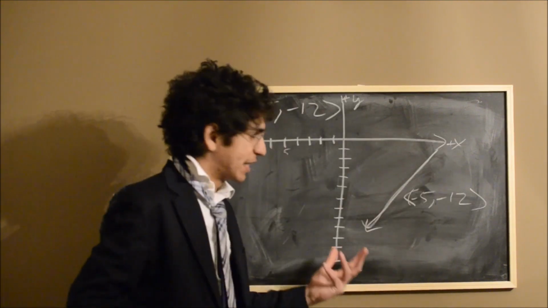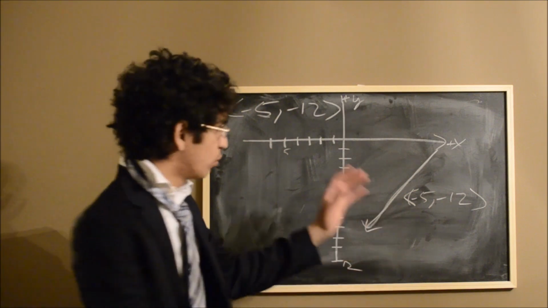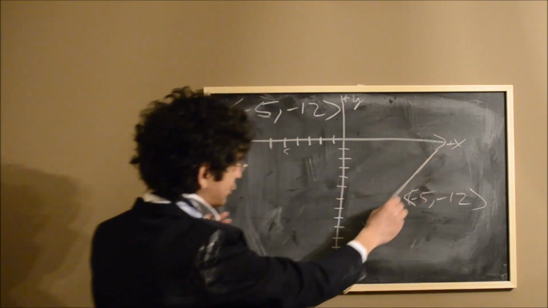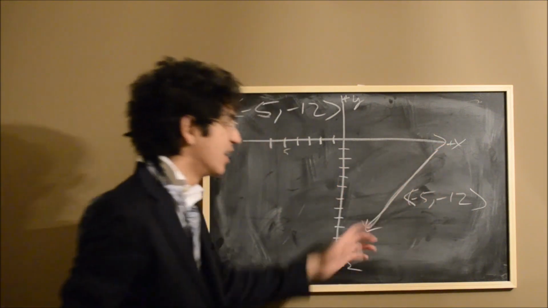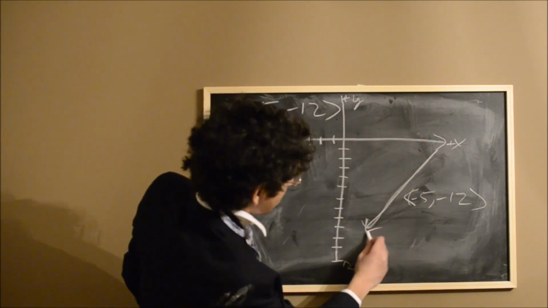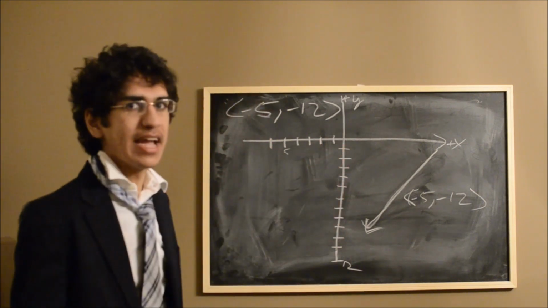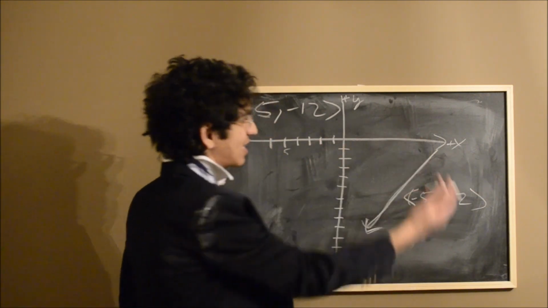So say I have a vector, -5, -12, represented by this illustration right there. That is a representation of the vector -5, -12.